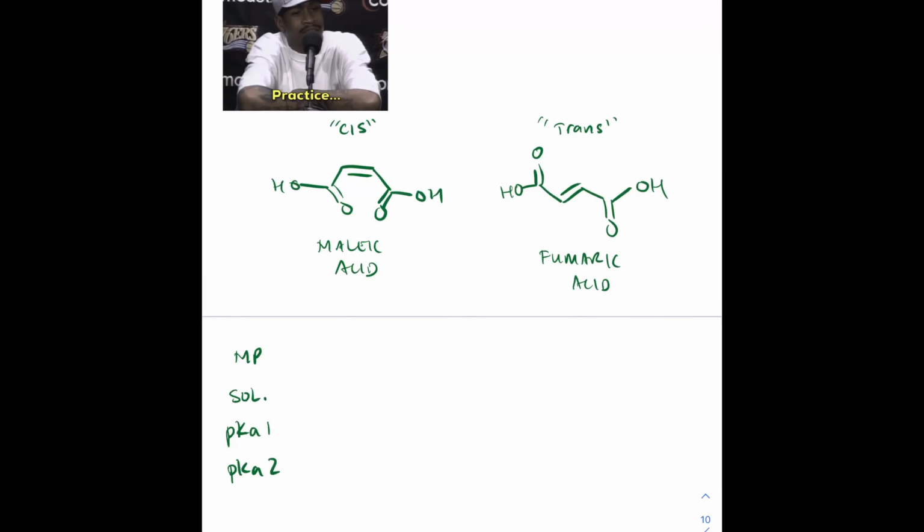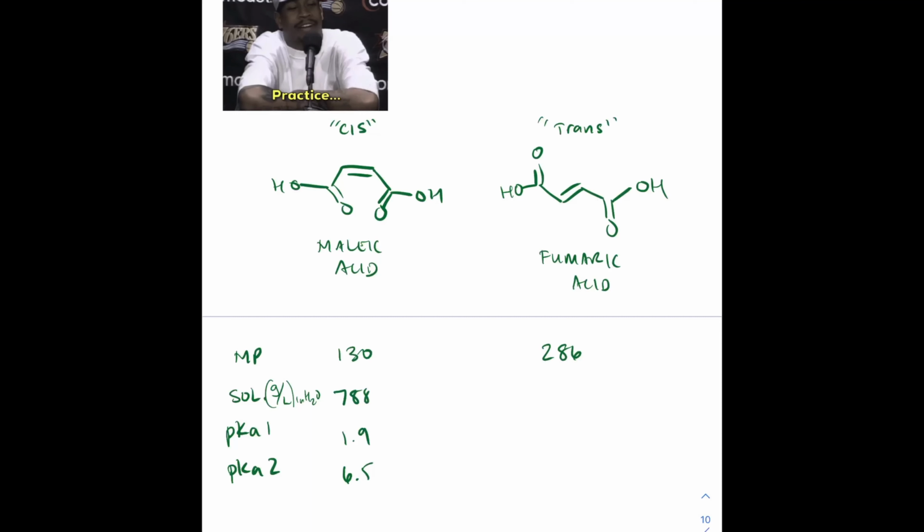And for maleic acid, this is 130, this is 788, and that's in grams per liter in water. And the pKa's are 1.9 and 6.5. Okay, so nothing too crazy there, but let's take a look at the fumaric acid melting point, solubility, and pKa's.